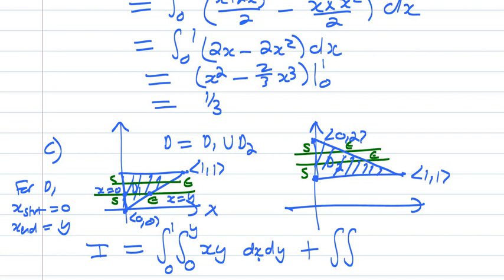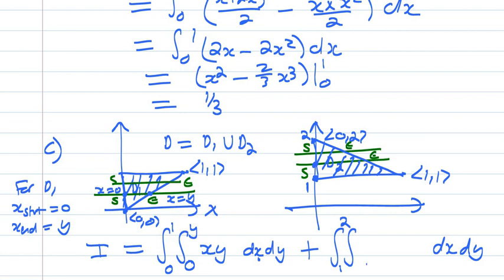And so if you look at D2, if we do horizontal slices, the smallest y value is 1 and the biggest y value is 2. So the y ranges from 1 to 2. So that's dy. And now if you look at the x's, we've got to look carefully. Where does x start?